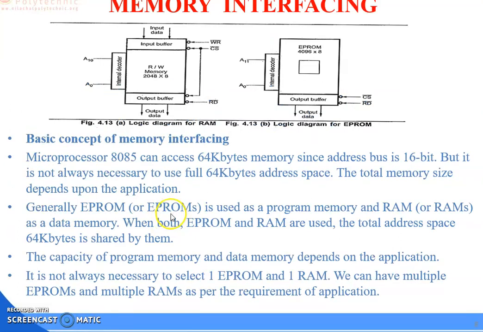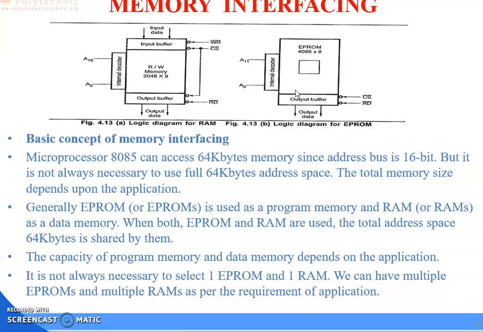Next topic is memory interfacing. This is the logic diagram for RAM and this is the logic diagram for EEPROM. Microprocessor 8085 can access 64 kilobytes of memory since the address bus is 16-bit. But it is not always necessary to use the full 64 kilobytes address space. The total memory size depends upon the application. Generally, EEPROM is used as program memory and RAM as data memory.